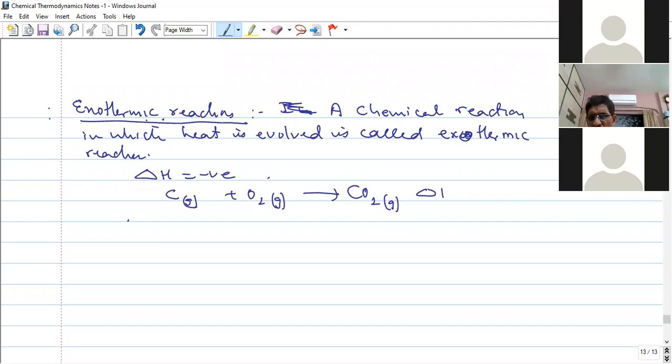Delta H is equal to minus 393.5. So it is exothermic.